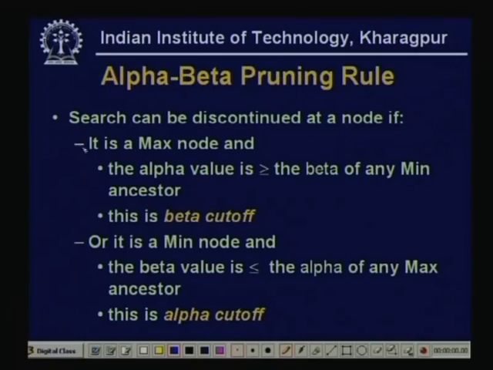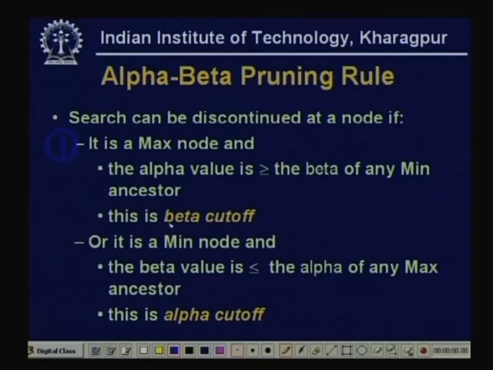So there are two types of pruning that can be done, one from the point of view of max, the other from the point of view of min. So search can be discontinued at a node under two circumstances. Number one, if the node is a max node and the alpha value of this node is greater than or equal to the beta value of any min node ancestor.